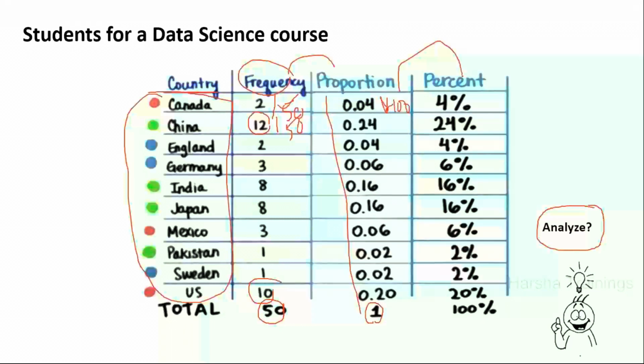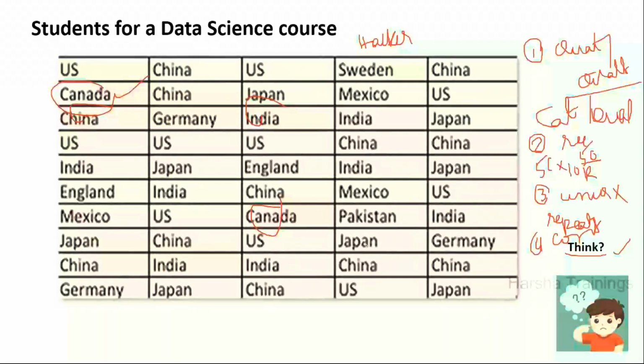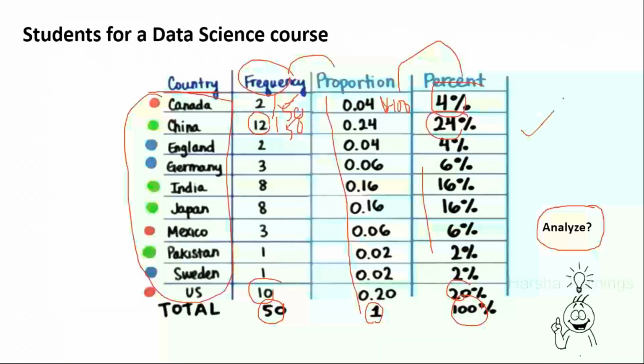Canada percentage is just 4 out of 100. China percentage is 24. US percentage is 20. If you add all these percentages, you are going to get 100. That means you have converted the given qualitative data into a little bit of analytics.